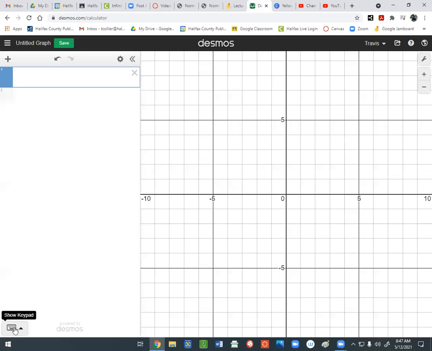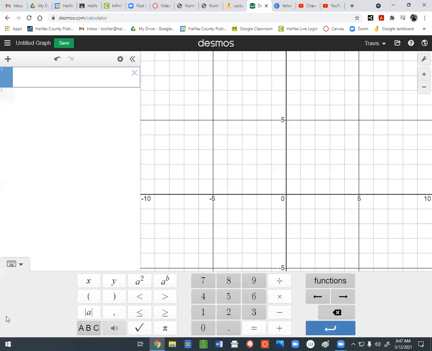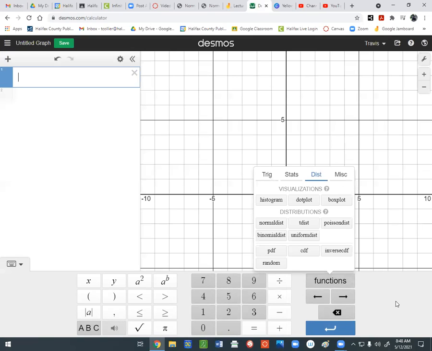We're going to click that. And then we're going to go all the way to the right to where you see functions. Go ahead and click the functions button. At the top, you're going to see 4 different menus: trig, stats, distribution, and miscellaneous. We're going to go to distribution.